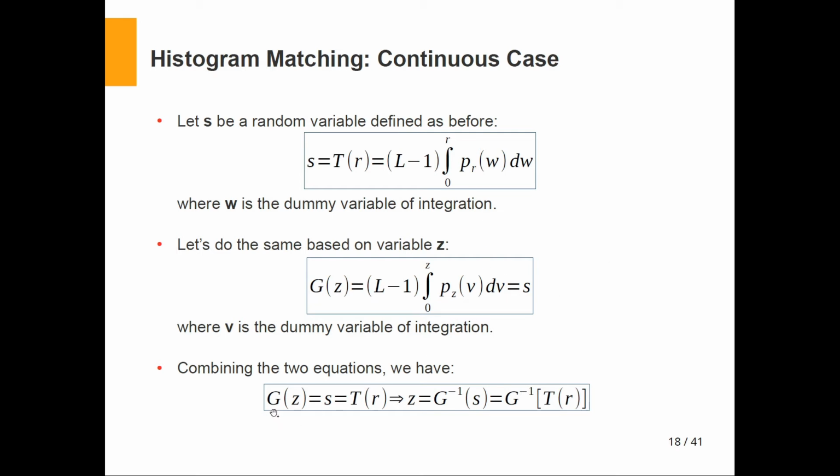So now we have G of Z equals S equals T of R. So now what we do is that we need to replace the value of Z based on S and then based on R. So from this side of the equation, Z is going to be inverse G function of S, and then S is T of R. So conceptually, going from R to Z can be done by calculating this combined transformation function.